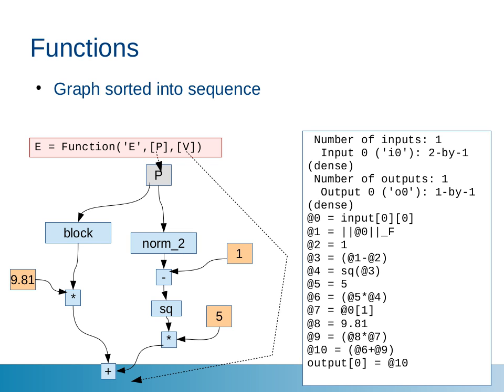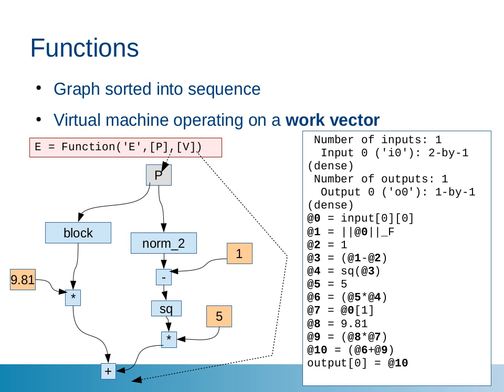Under the hood, if you print E, you'd see it's a sequence of primitive instructions that relate to the graph that you supplied. CasADi has a virtual machine which loops over all these instructions in sequence, reading from and assigning to a work vector. You can see it printed with the @ symbol.